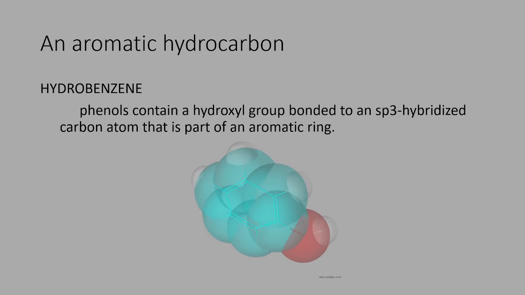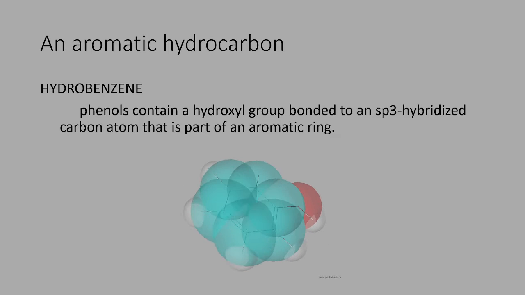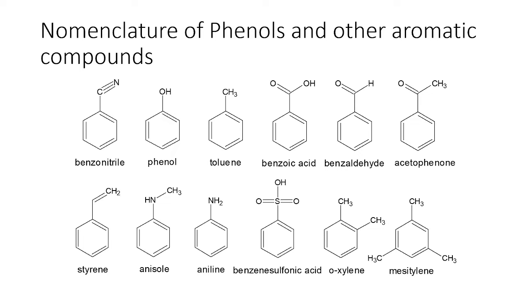And in that, let's go into the nomenclature of phenol. So for the nomenclature of phenol and other aromatic compounds, I have here different examples of aromatic hydrocarbons. And one example of that aromatic hydrocarbon is actually our phenol. As you may notice here, our phenol is actually just one of the benzene compounds, or what we call aromatic compounds. And to be specific, we have here different common names slash IUPAC names of aromatic compounds.